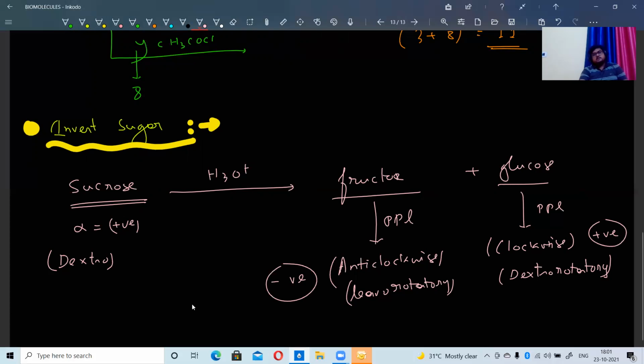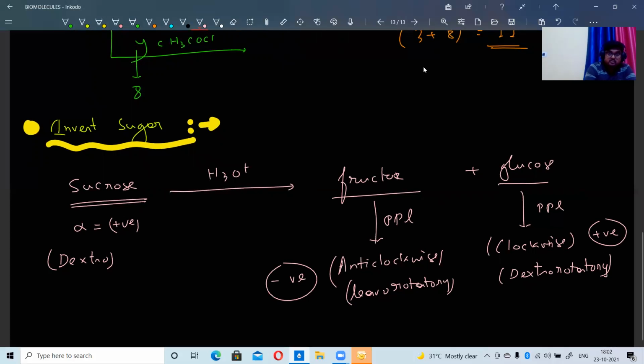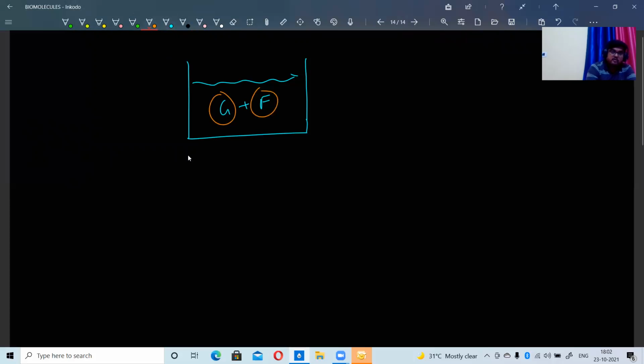Okay. Is it clear? Now, if you put this sucrose solution over here, glucose plus fructose forms.